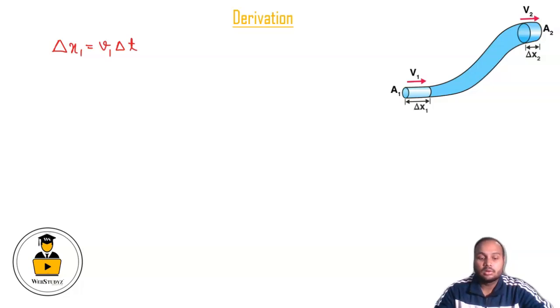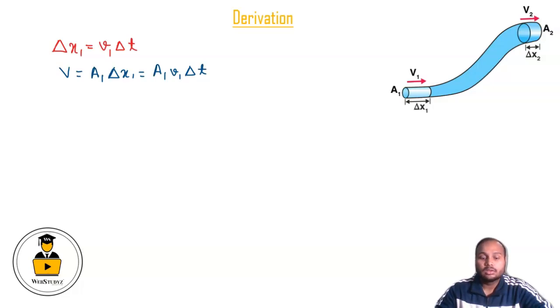Now at the lower end of the pipe, the volume of fluid which flows into the pipe will be volume V, and this volume V will be equal to A1, that is cross-sectional area, into del x1. This del x1 can be written as v1 into del t, which we will substitute here.